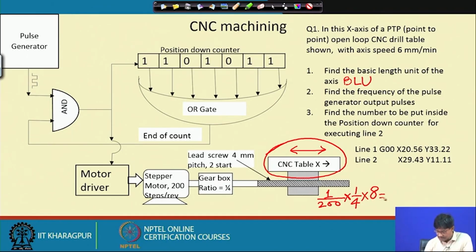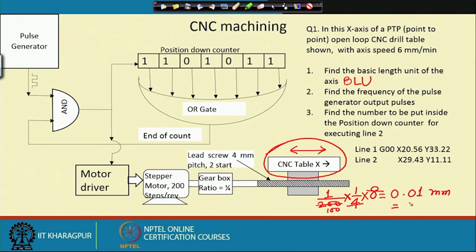So, how much is this equal to? 4 cancels out with 8 and this 2 cancels out, and we are left with 100, and therefore, this is equal to 0.01 millimeters, 10 microns. So, we have this answer. Basic length unit is 10 microns.